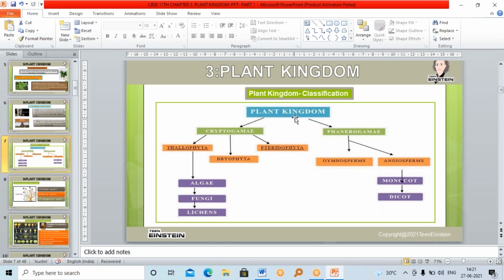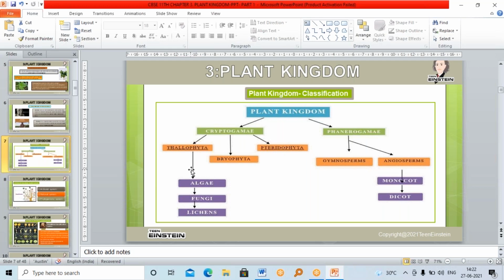Got it? First, the plant kingdom was divided into cryptogamy and phanerogamy, the two subkingdoms, and cryptogamy, with concealed or hidden reproductive structures, is divided into Thallophyta, Bryophyta and Pteridophyta. In that, Thallophyta, what is that? Thallophyta means they have thallus-like structures.